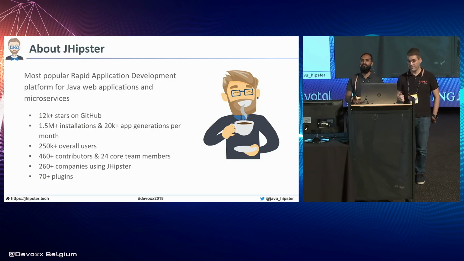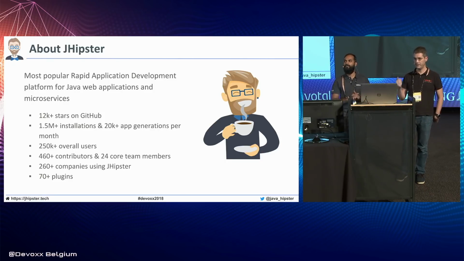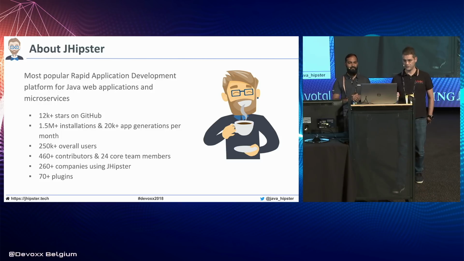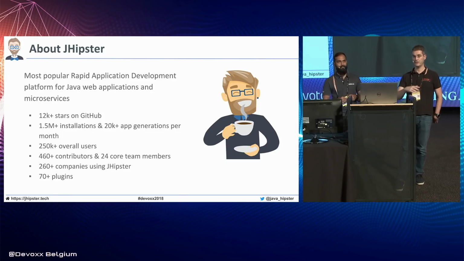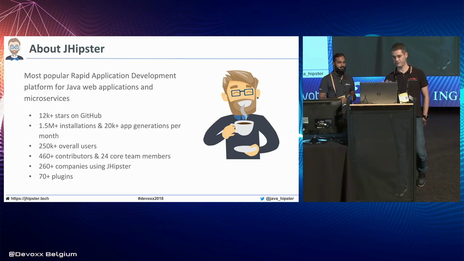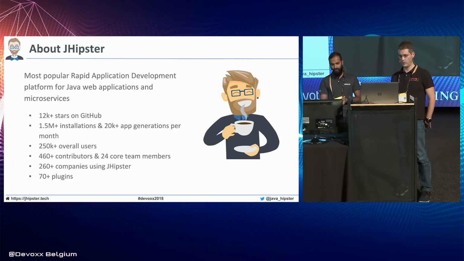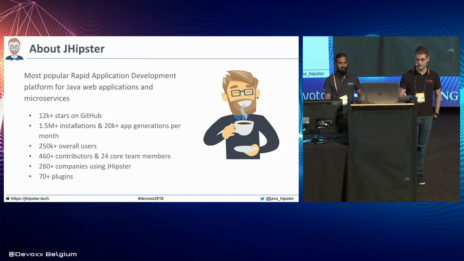We've got 1.5 million installations on NPM. NPM lost some data, but that's the minimum. We've got 20,000 application generations on our statistics, which are opt-in, so we don't gather everything, but that's the one we are sure of. We've got 250,000 users, according also to our stats per IP.